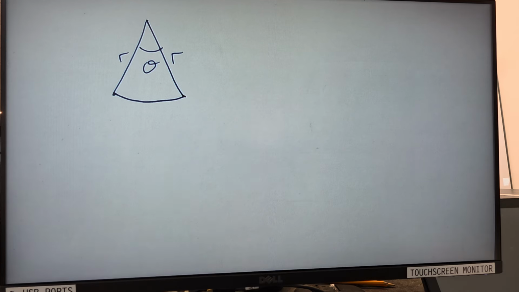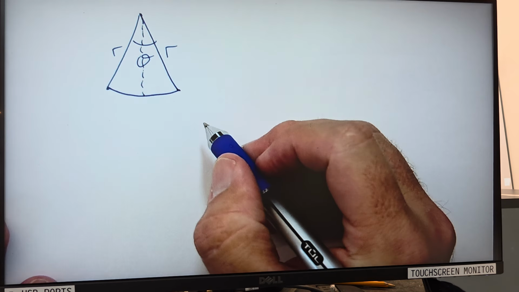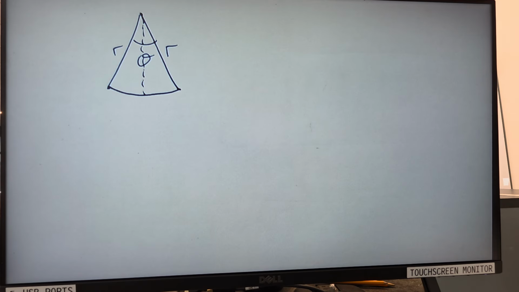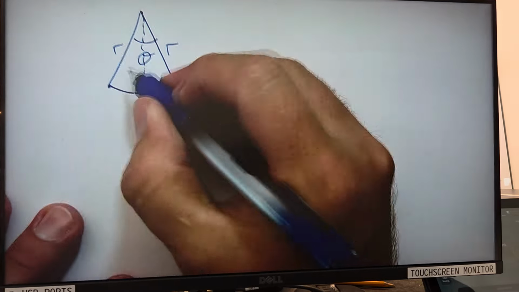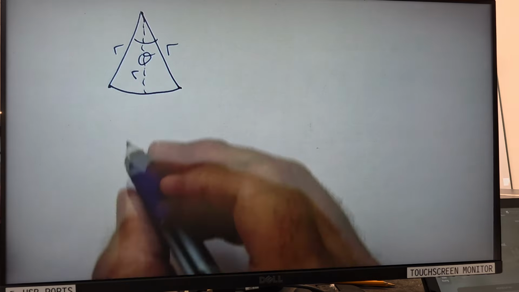Now, technically, how long is this? Don't overthink it. R, of course, from the center to the outside is R. So if I pretend as if this is a triangle, it's got a height of R. And what's the length of the base? We just figured it out. What's this base length?